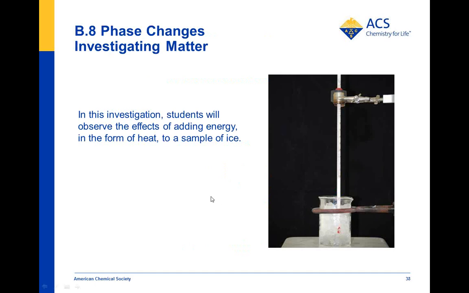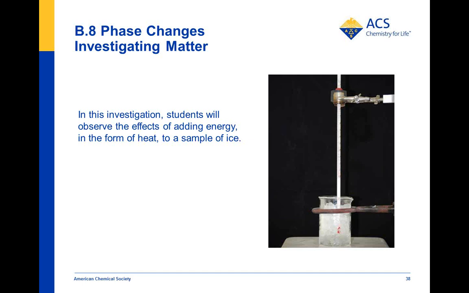And then this lab is a pretty simple lab where they are just looking at crushed ice and heating it and measuring the temperature change over time. I actually use a Lab Pro or a graphing calculator and an Easy Link, so I use the Vernier stuff, that actually will collect the data and do the graph for them.